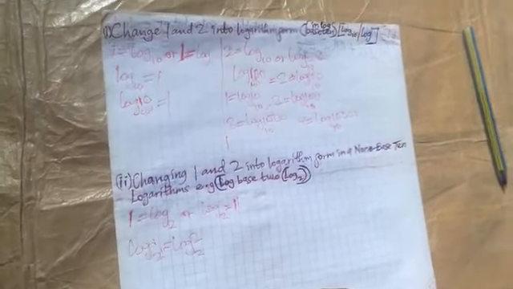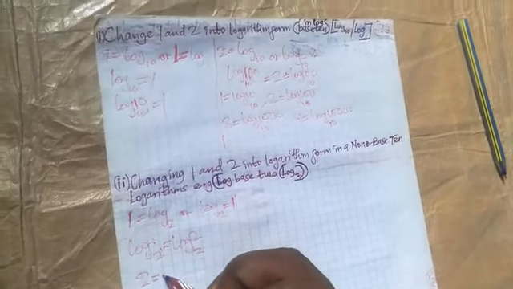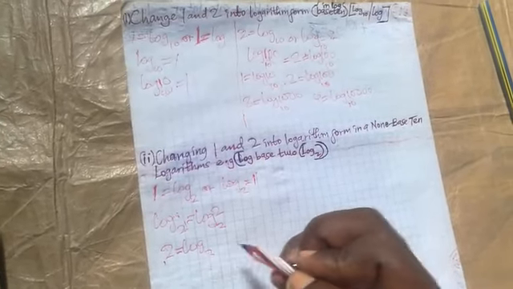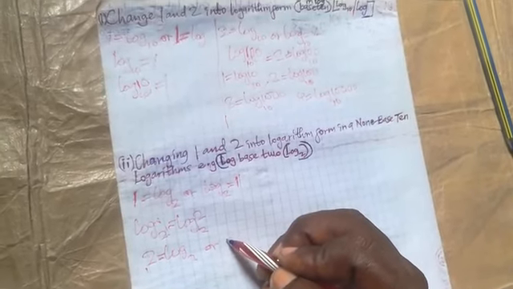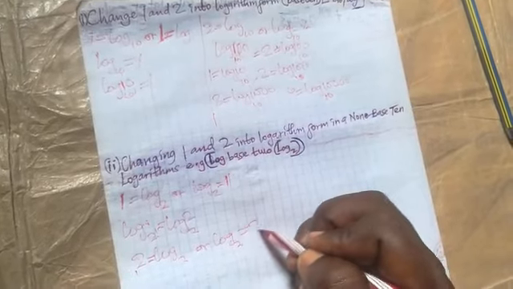Therefore, we say 2 is equivalent to log base 2. This can also be written as log base 2 is equal to 2.